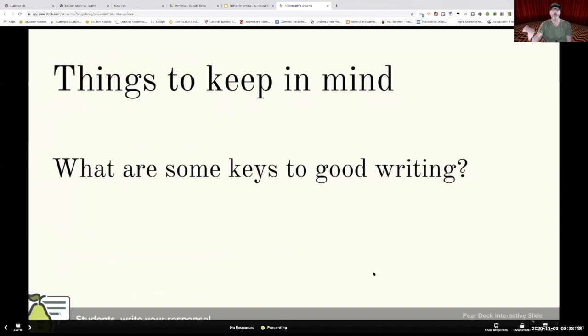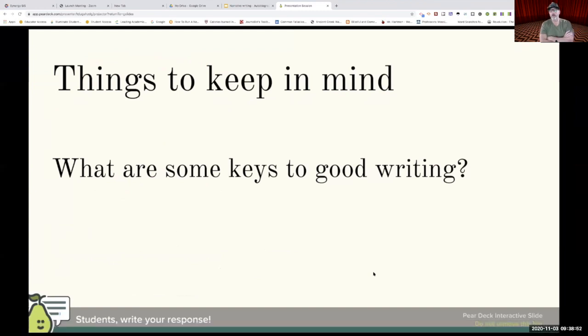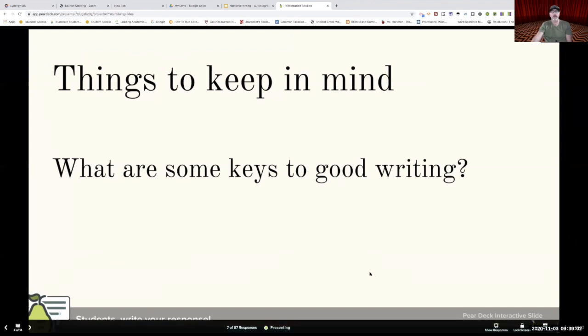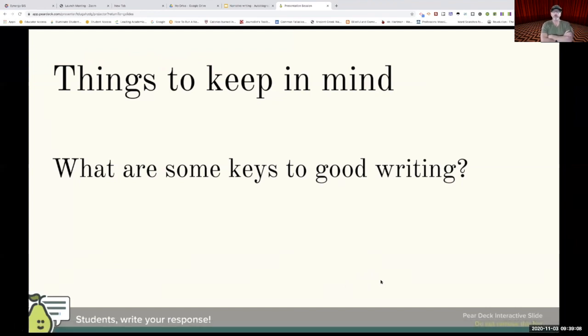Okay, here's where you come in. So things to keep in mind. What are some keys to good writing? All year long, we've been talking about things that you need to do in order to be a good writer. So I want you to take just about 2 minutes and tell me, in your own words, what are some keys to good writing? So here is a chance for you to show me what you've learned so far this year.